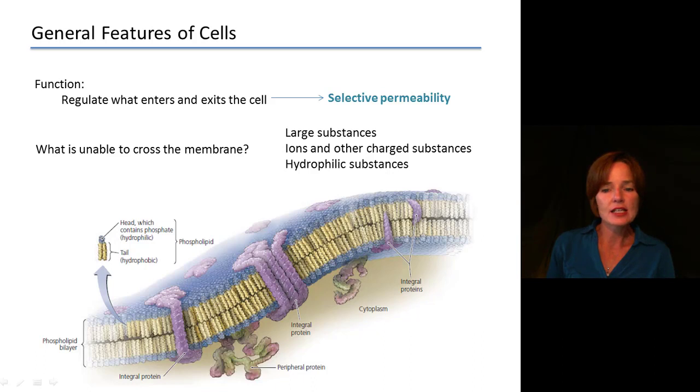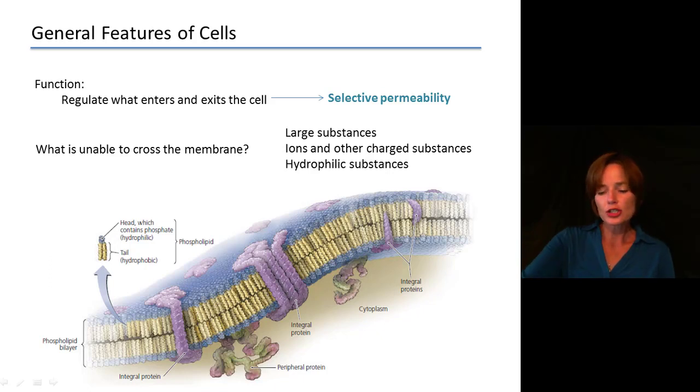We're going to have ions and other charged substances that have difficulty getting through. And that will be just because of the chemical nature of the inside of the membrane prohibits them from crossing. And then other hydrophilic substances are not going to be able to cross the membrane. Now, sometimes the cell definitely needs some large things to cross, or some ions or hydrophilic substances to get across.